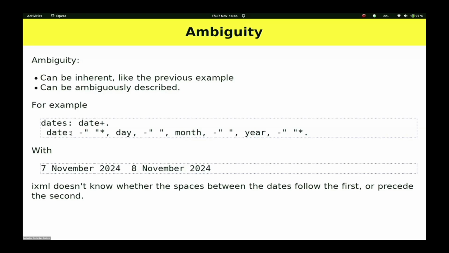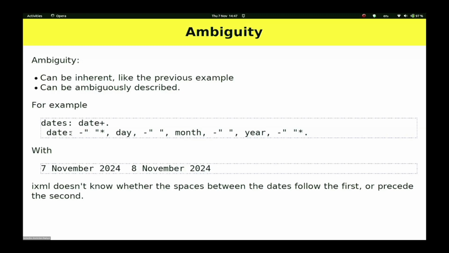And here's an example. If you say that you've got a number of dates, and the dates can both start and end with spaces, then if you give it 2 dates separated by spaces, then IXML doesn't know whether to take those spaces between the 2 as ending the first one or starting the second one, or a bit of both. So even in this case, it will describe it as ambiguous, because you've described it ambiguously, and it doesn't know which of those two interpretations to use.